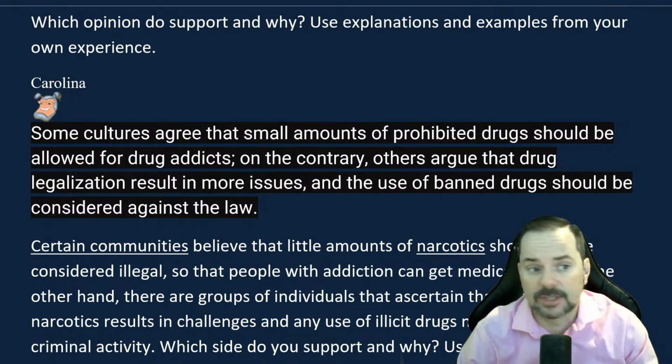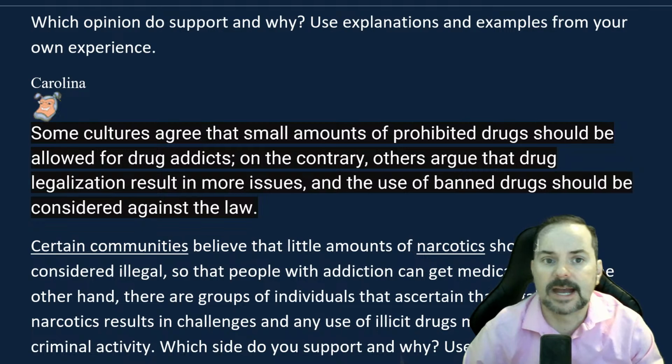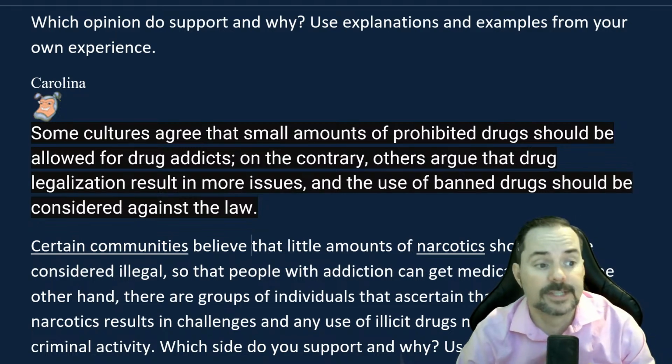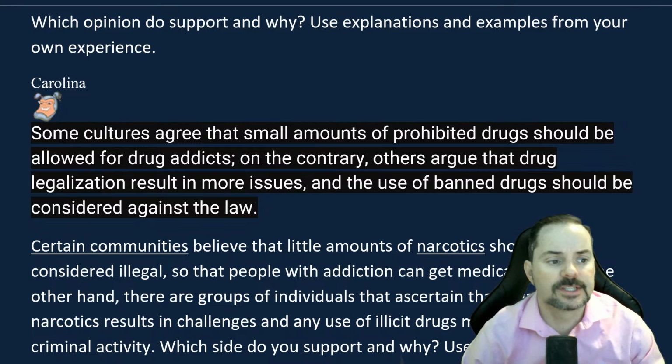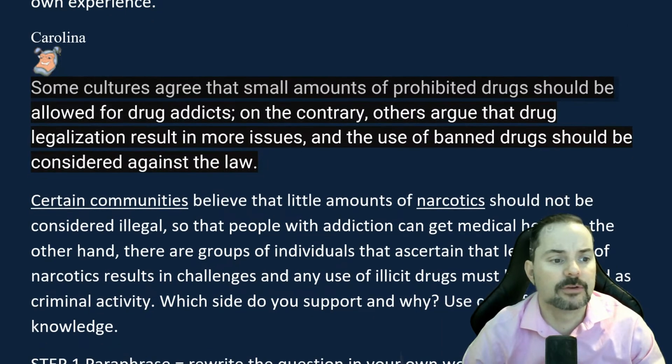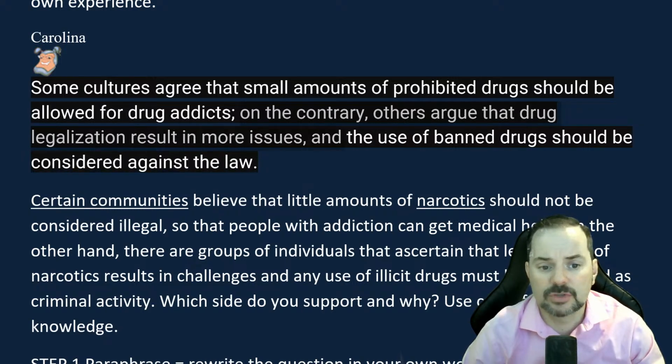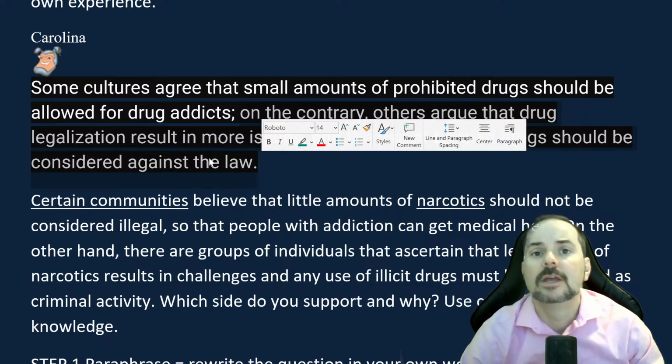So especially in the academic IELTS, you must have good topic and good content. Okay, so Carolina says, some cultures agree that small amounts of prohibited drugs should be allowed for drug addicts. On the contrary, others argue that drug legalization results in more issues, and the use of banned drugs should be considered against the law.